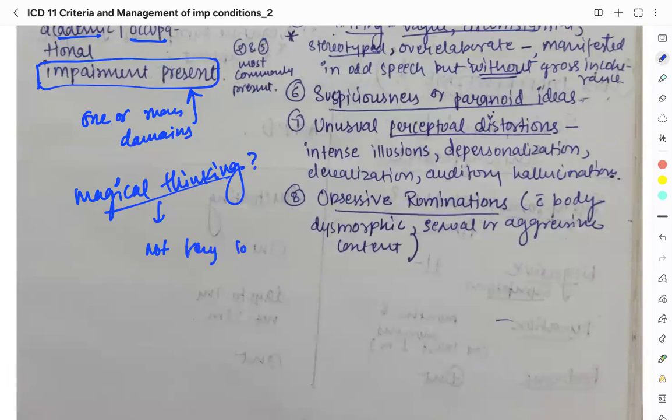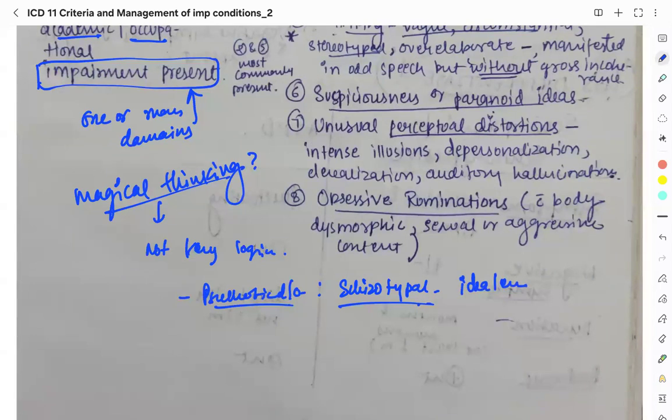Yeah. So magical thinking is seen in, let's say, psychotic disorders. Well, in this case we are referring to schizotypal, not completely psychotic. We won't say that. But yes, paranoid and suspicious ideas are present at an idea level, not at a delusional level at this moment.